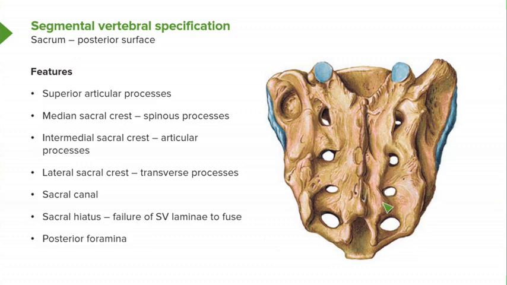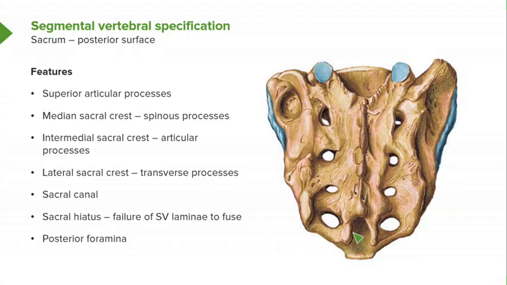We have 4 that come into view here, and we have 4 that come into view here. Right in through here, we have the sacral canal, and this results when the individual sacral foramina will fuse together.